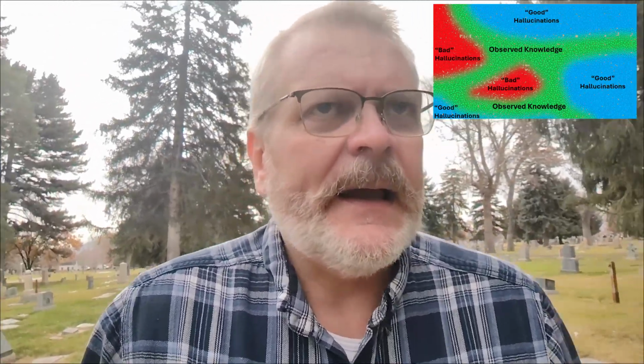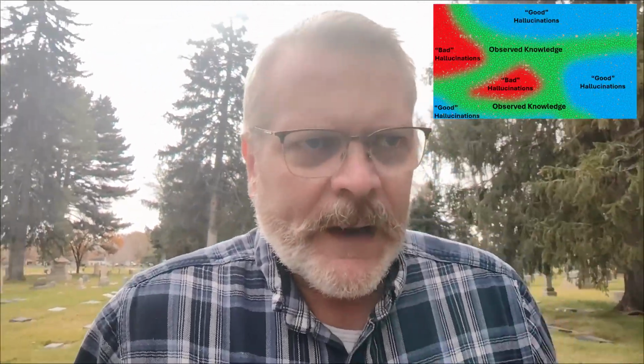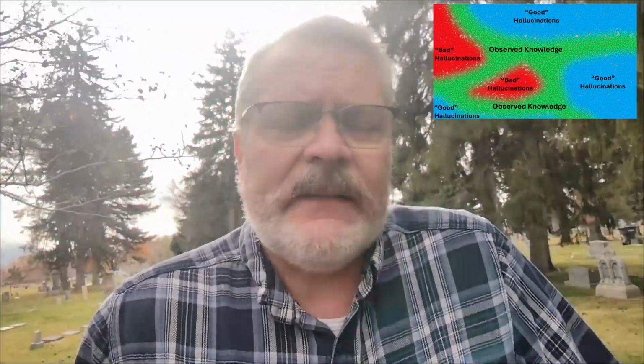Would you allow it to make financial decisions for you that could ruin you? Would you let it make medical decisions? Which kind of decisions would you allow an AI to make that could have dire consequences on you? And the answer is none.